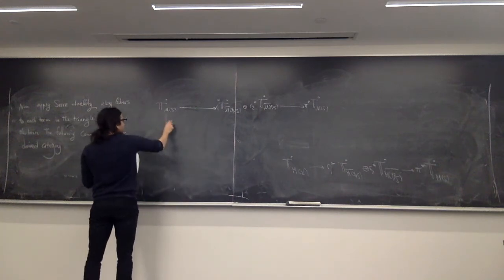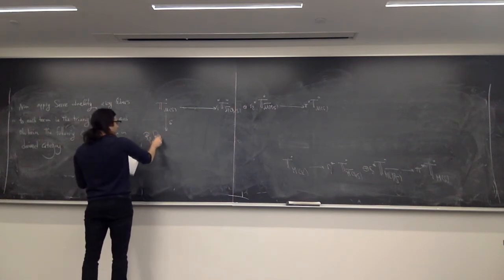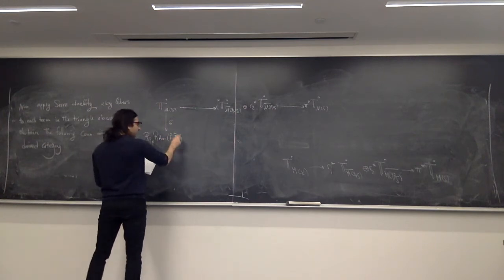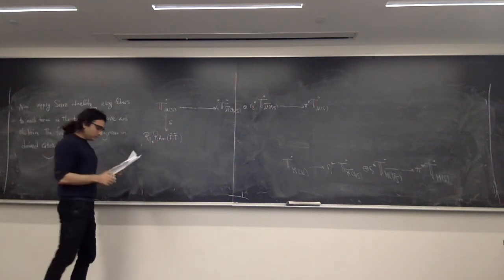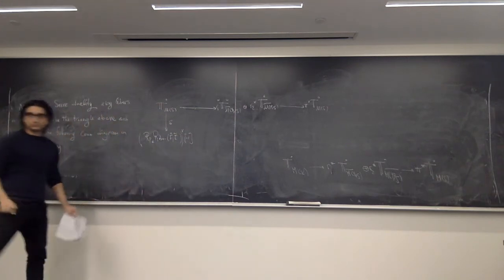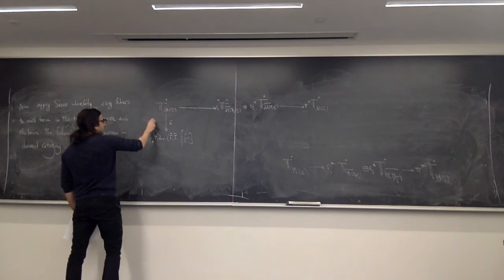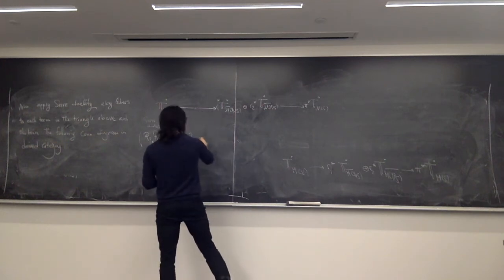This is quasi-isomorphic via Serre duality to R p lower star, not pi but just p, R Hom of F with F. It's a Calabi-Yau, so Serre duality just gives me a twisting by O again, and then shifted by -1.